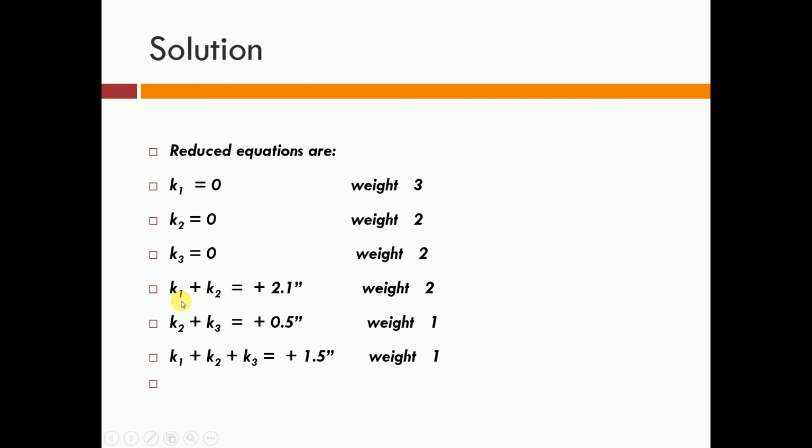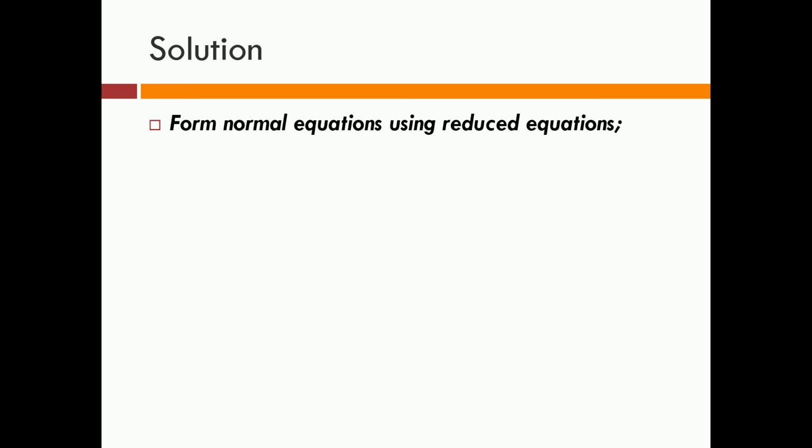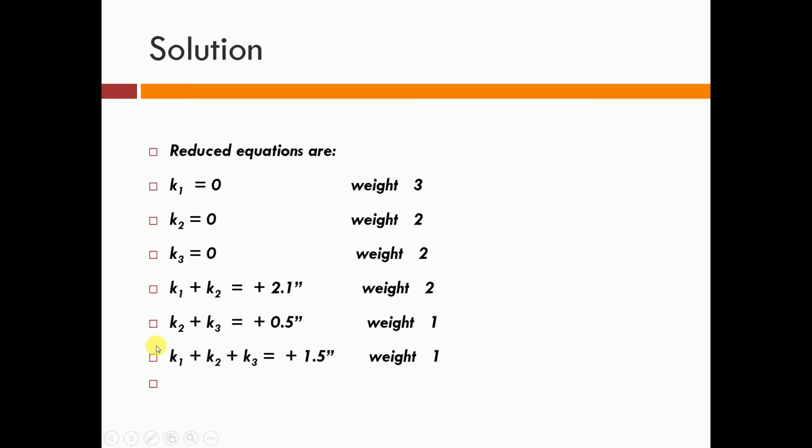So, 2K1 plus 2K2 is equal to 4.2. So, 2.1 into 2 is equal to 4.2. And the last one is K1 plus K2 plus K3 is equal to 1.5. Here in the fifth equation there is no K1, so eliminate this.